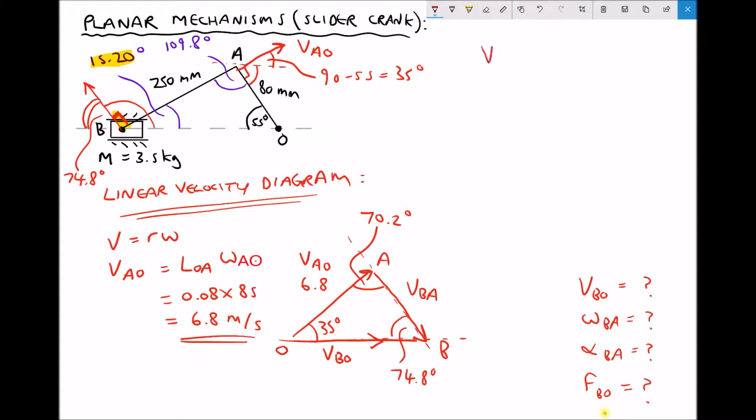VBO over sine of the angle that's opposite, so sine 70.2, equals the velocity of AO, which we know has a value of 6.8, divided by sine of the angle opposite VAO, which we know is 74.8 degrees.